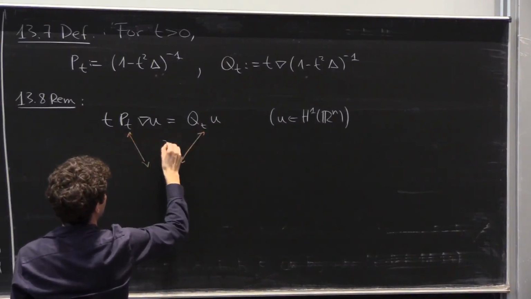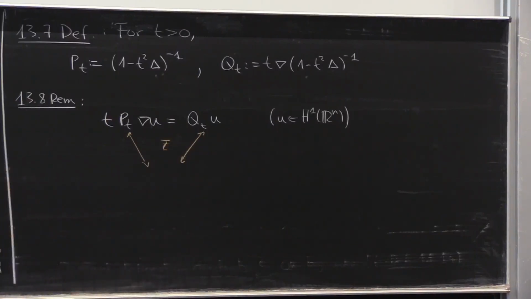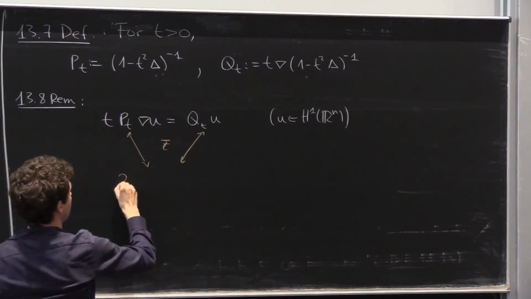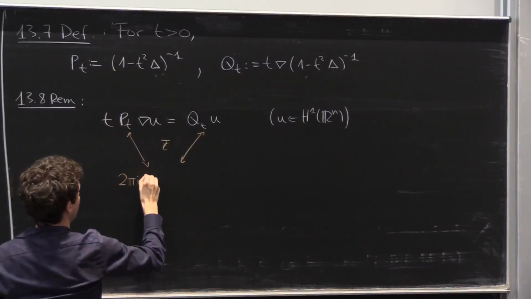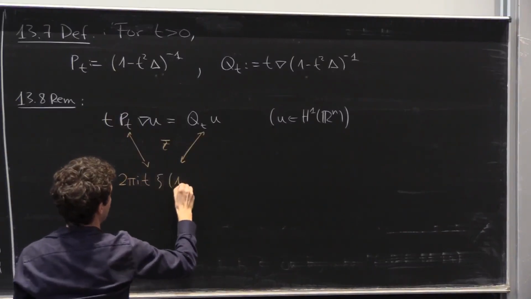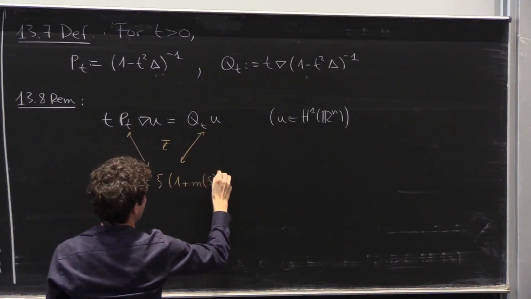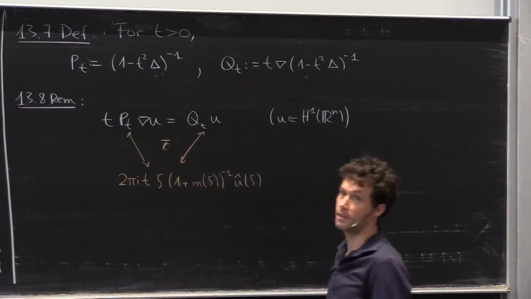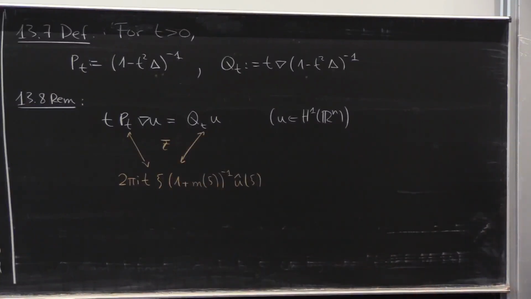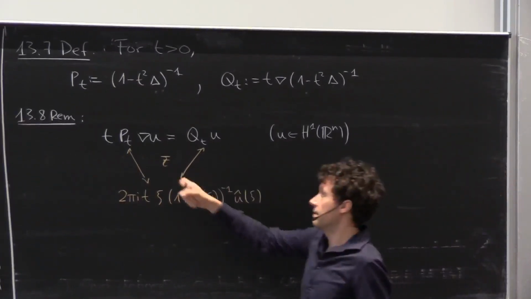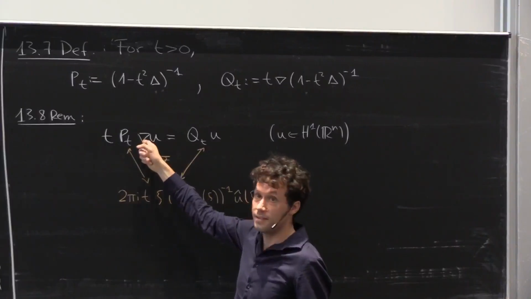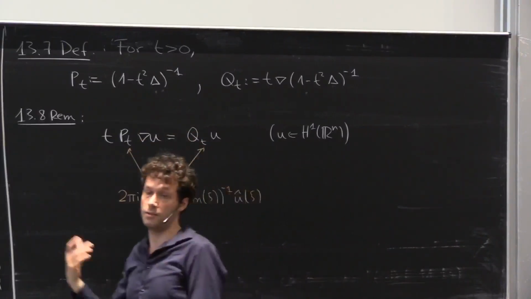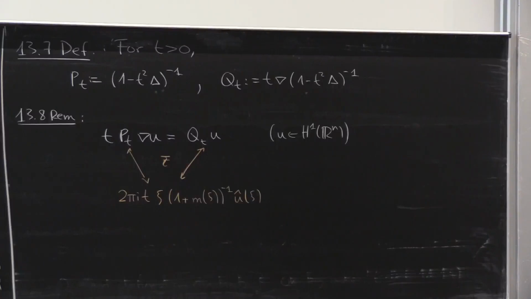Either way, you're going to see that you end up with the same symbol, which is 2 pi i t xi times (1 plus m of xi) to the minus 1 u hat of xi. And m is the function that corresponds to the resolvents of the Laplacian in the functional calculus from long ago. Right? In the end, on the Fourier side, this is a multiplication operator, this is a multiplication operator, this is a multiplication operator, and a common domain. I mean, these multiplications, they commute, of course. They have to. Okay, so we have this property.